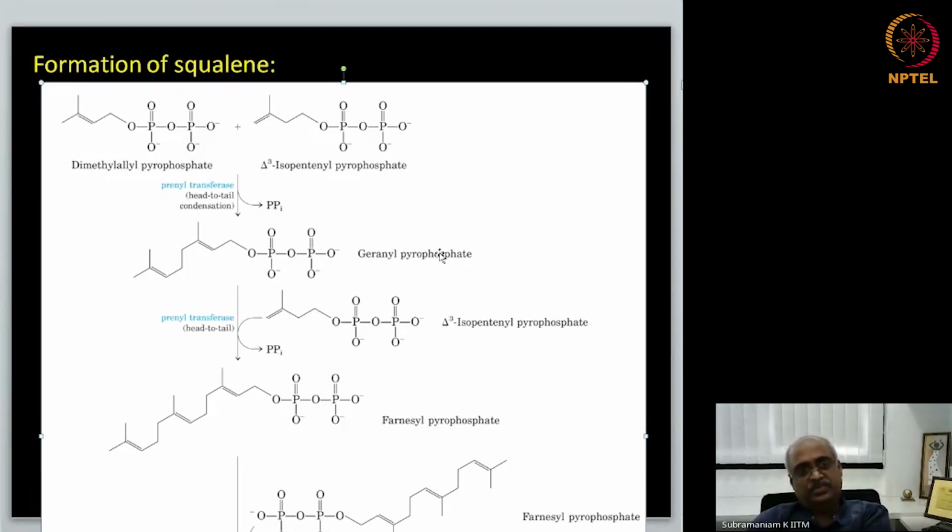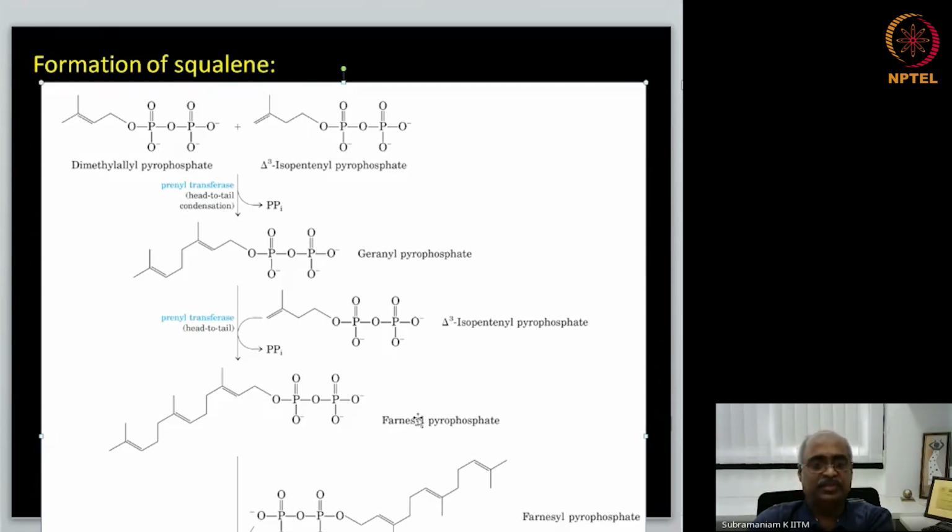These names like geranyl and the next one, farnesyl, come from the original source from which these molecules were identified. For example, the flower geranium has this in abundance, and that is where it was originally isolated from, and that's why it is called geranyl.